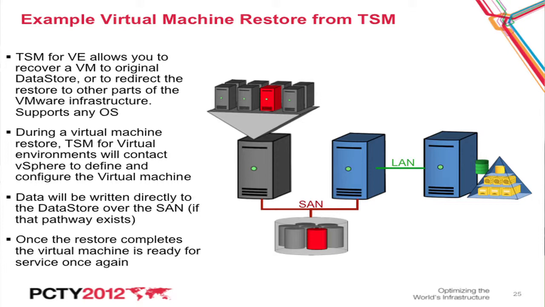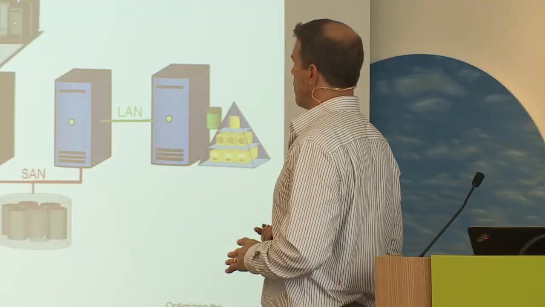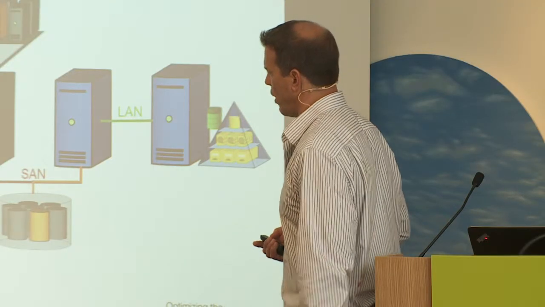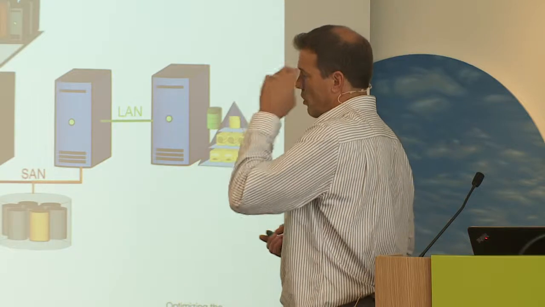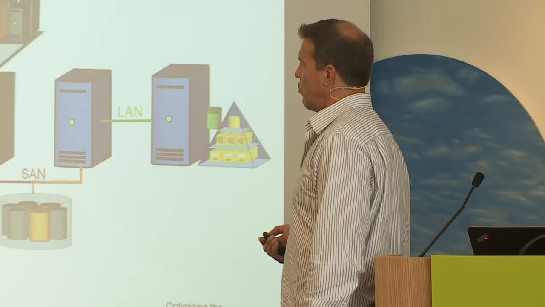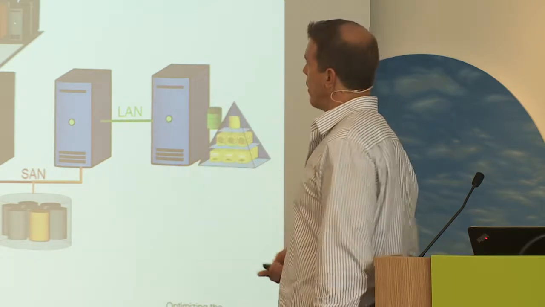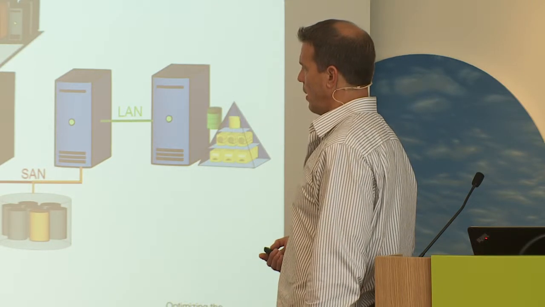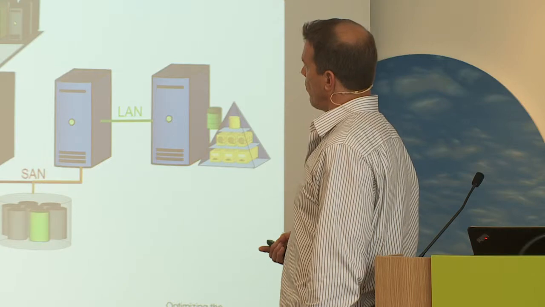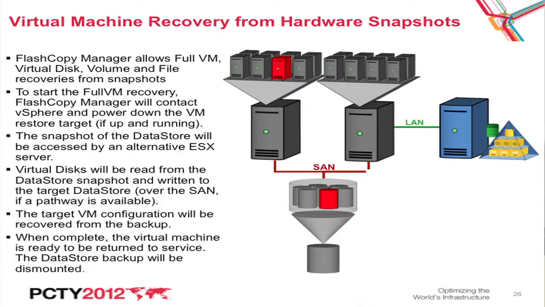Yep. Okay, what kind of recoveries can you do? First of all, you can do a full virtual machine recovery from TSM. This is TSM for Virtual Environments. I won't go through all the steps because we're a little short on time, but basically it's a full VMware image recovery. Okay, you can do that for TSM. You can also do the same thing with the hardware snaps.